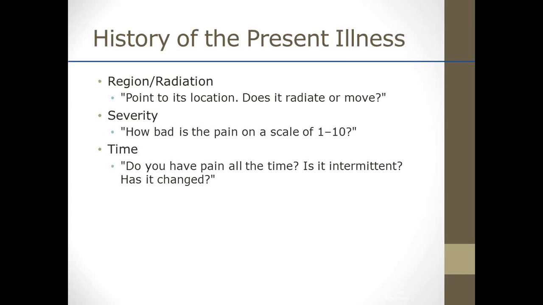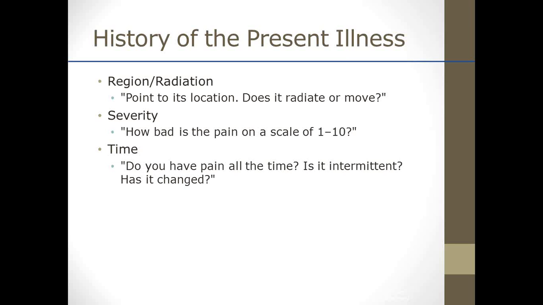And then a pain scale. I always use a scale of 0 to 10, because to me 1 to 10 is inferring that they have pain, one being a little bit of pain. I want to give them the option to tell me that there is no pain. So 0 being no pain, 10 being the most extreme pain you can imagine.